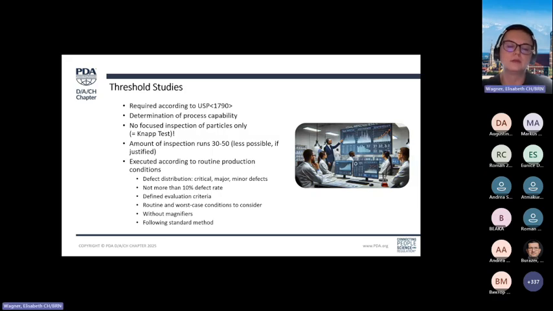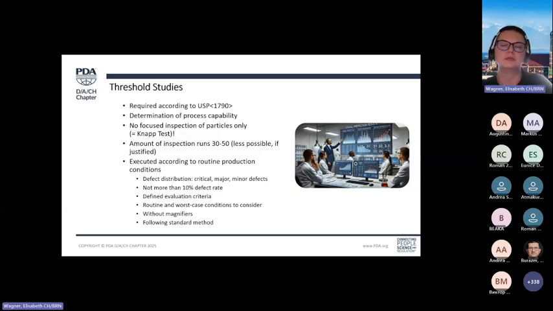And the threshold test study is needed to really identify what your operators are capable of identifying and detecting under routine conditions. For example, if you have difficulty to inspect products or colored solution, you would not find 50 micron particles in there. This would be definitely higher.